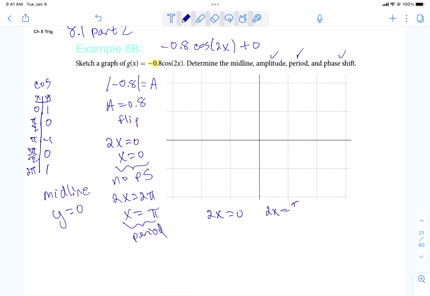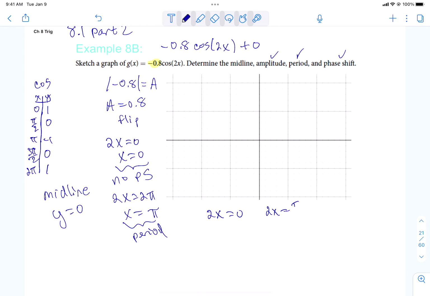So let's make this 1 and this one negative. Okay, now how do you find the y's? Well, remember, wherever the cosine is sitting, think of that as negative 0.8 times the good y, plus 0. Now, you didn't have a plus 0 there. You don't need it, but okay. So we're going to do 1 times negative 0.8 is negative 0.8. 0 times that is 0. Negative 1 times that is positive 0.8. 0 times 0.8 is 0. 1 times negative 0.8 is negative 0.8.